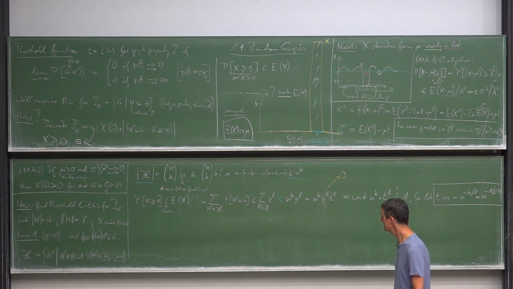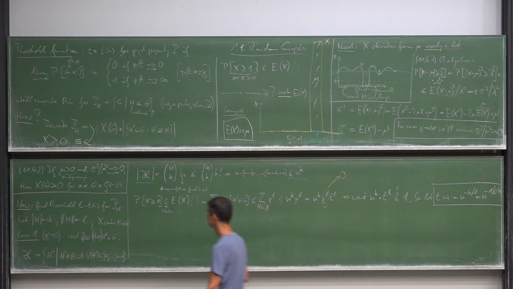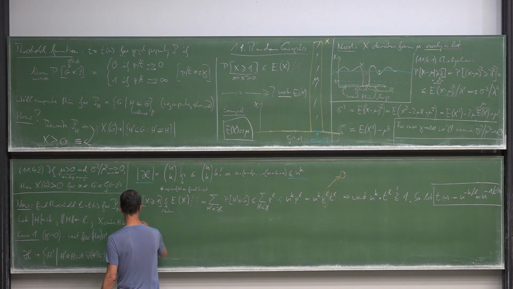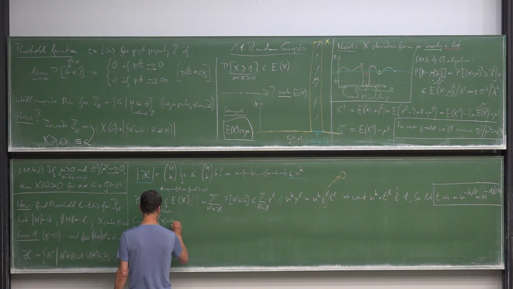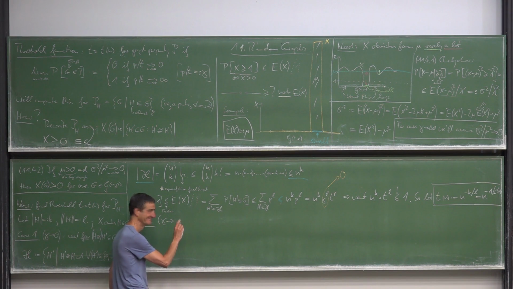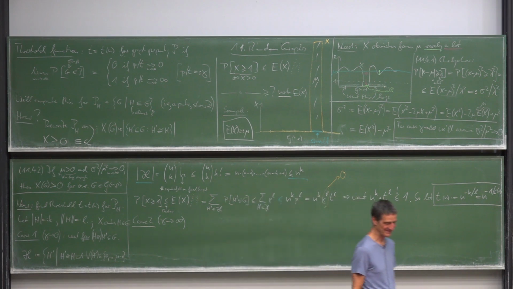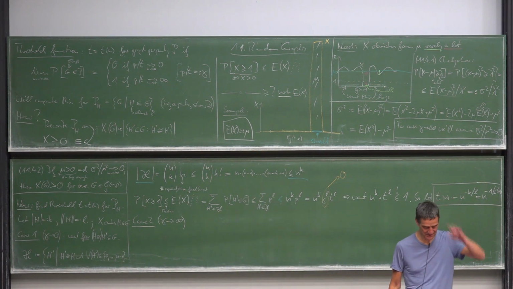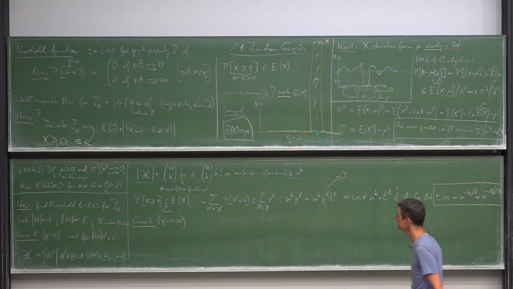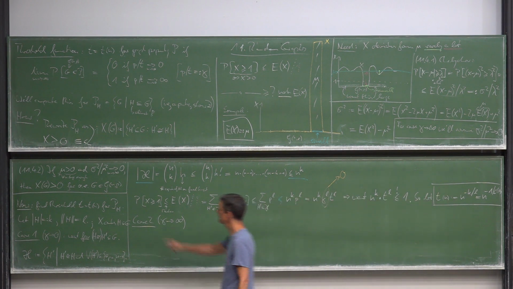Okay, now let's do the other case. Case 2. Gamma is going to infinity. Okay, and now we want to apply Chebyshev and so on. But no, we don't. We just want to verify this.